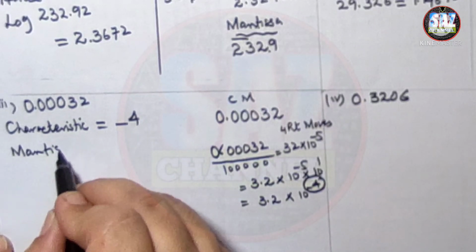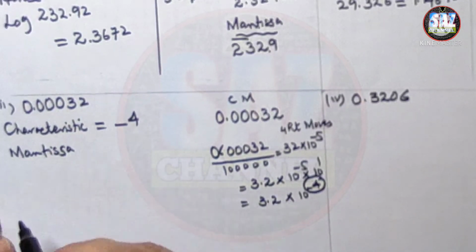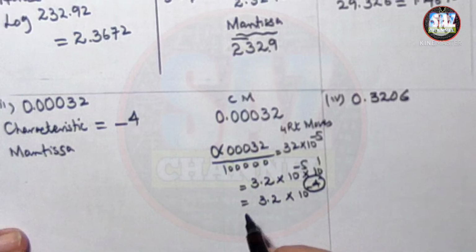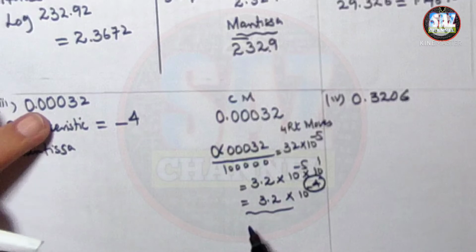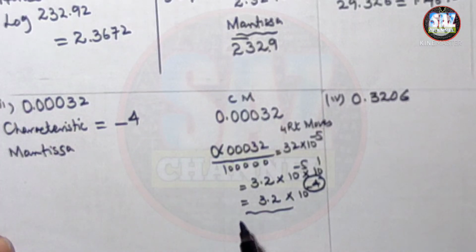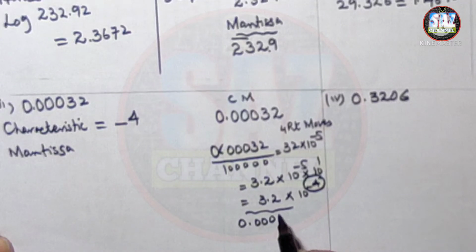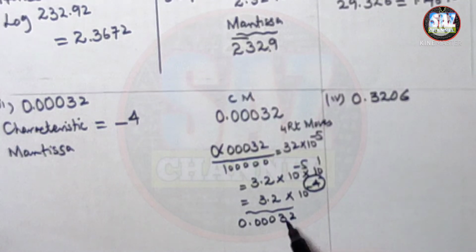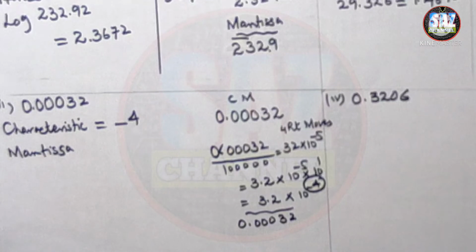We have to write the given number nearest to 4 significant figures. So we have these 3 zeros are not significant, so the number nearest to 4 significant figures will be itself 32. And now how to locate the Mantissa, we have to check the value of 32 in the difference column 0.